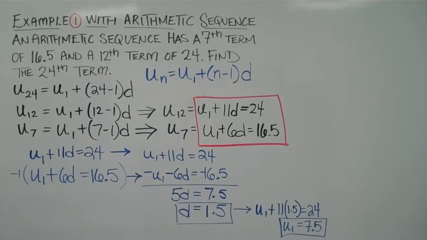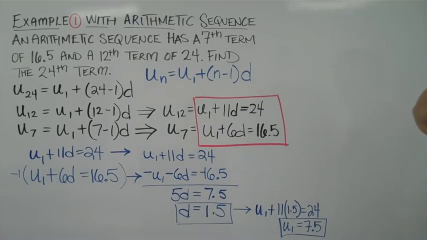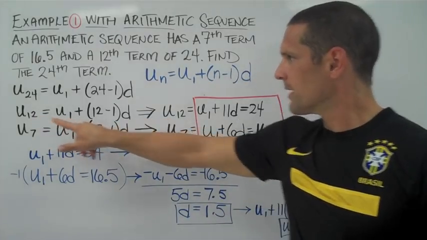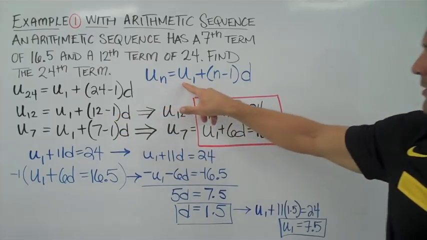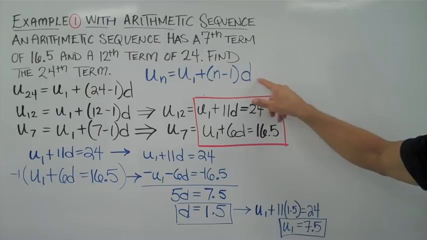Here's an example of an arithmetic sequence. An arithmetic sequence has a 7th term of 16.5 and a 12th term of 24. So immediately I know that the 12th term is equal to the first term plus n minus 1 times d, because I'm using this formula: Un equals U1 plus n minus 1 times d.